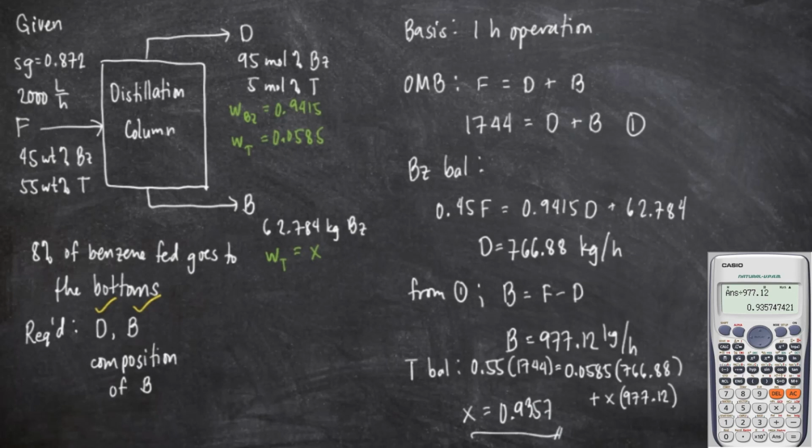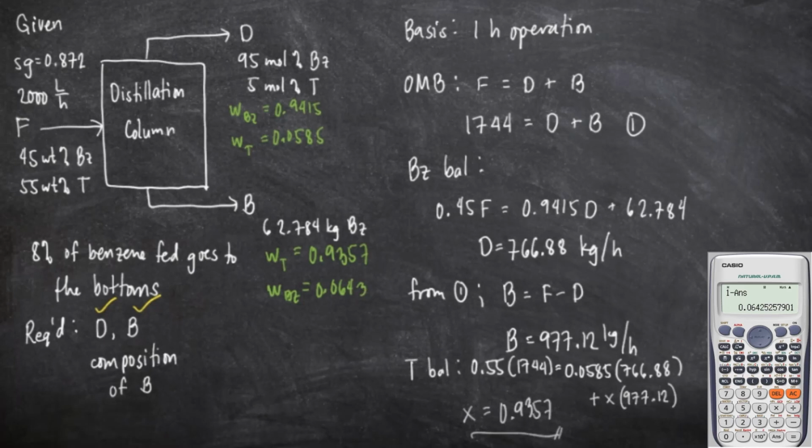This is the mass fraction of toluene in the bottom stream. Let me write that here. That's 0.9357. And to get the mass fraction of benzene in the bottom stream, we simply subtract this from 1. That is 0.0643. And that answers all of the requirements of the problem.